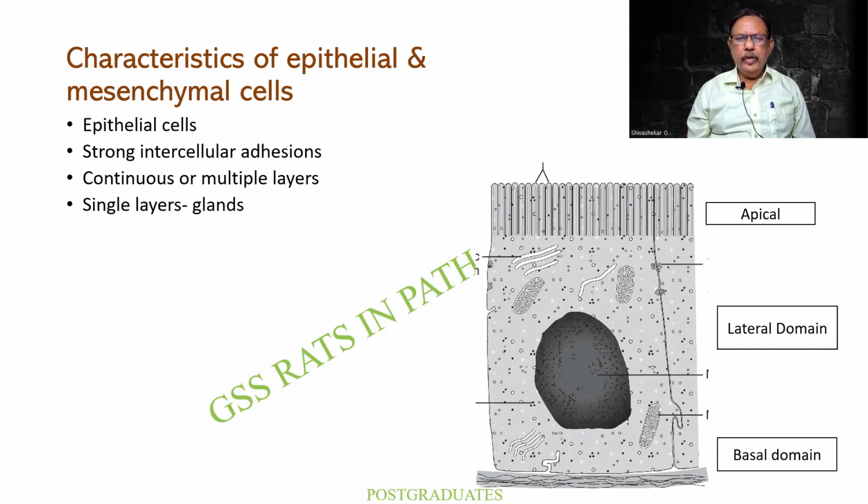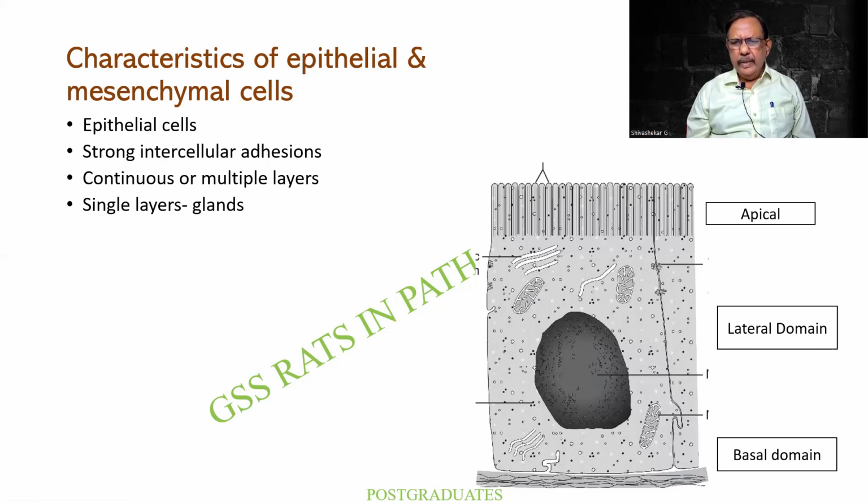Before going to any topic, try to understand a little bit of the histology, the gross or the microscopic picture. In this case, the cells. This is an epithelial cell. It has three components, namely the apical, the lateral, that is over here, and the basal domains.